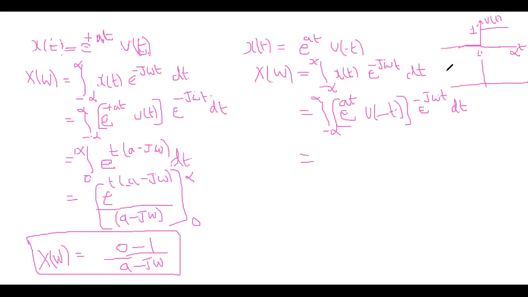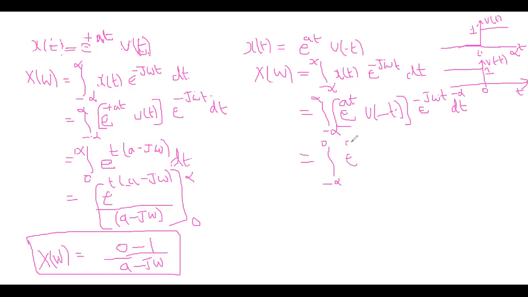But mu of minus t is a folded function, having the value 1 from minus infinity to 0. The reverse. You can keep mu of minus t equal to 1 by changing the limits as minus infinity to 0. Here we changed 0 to infinity, and here it is minus infinity to 0, since here it is mu of t and here it is mu of minus t.